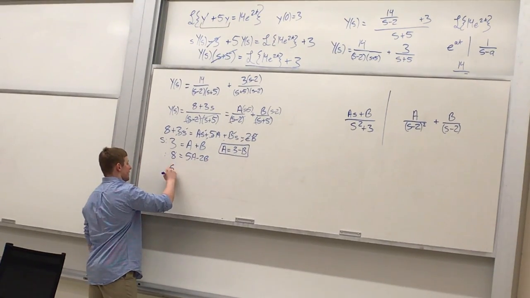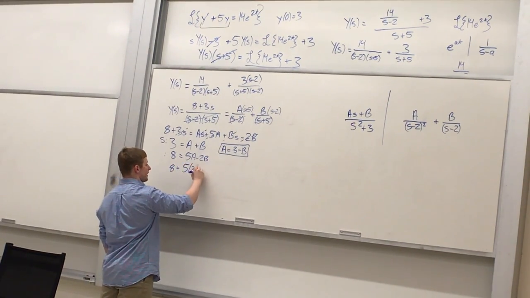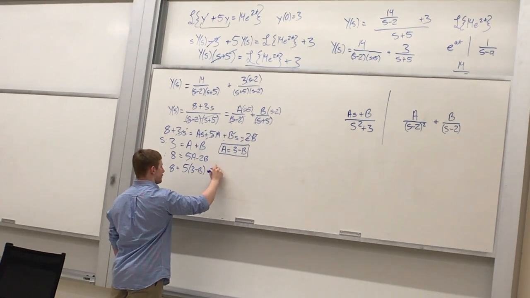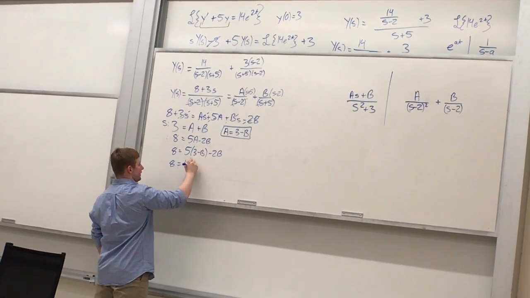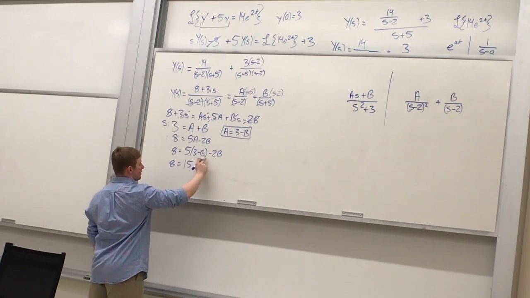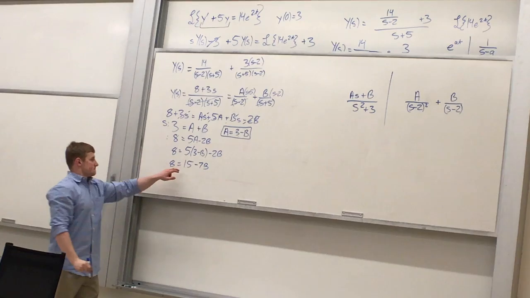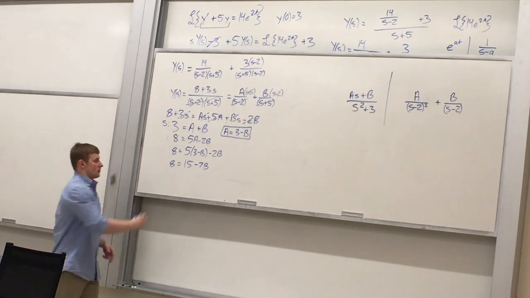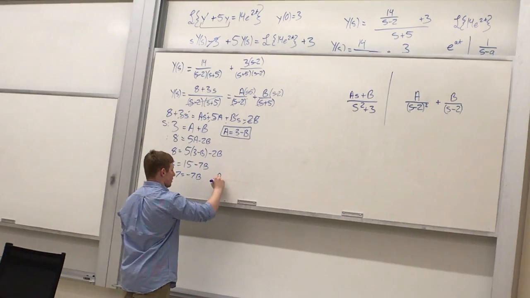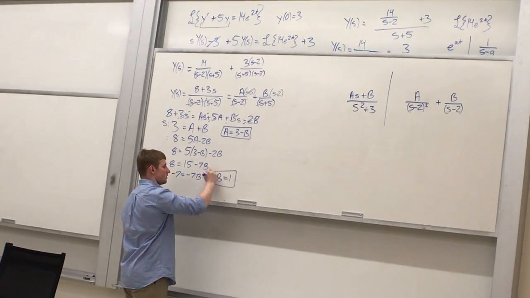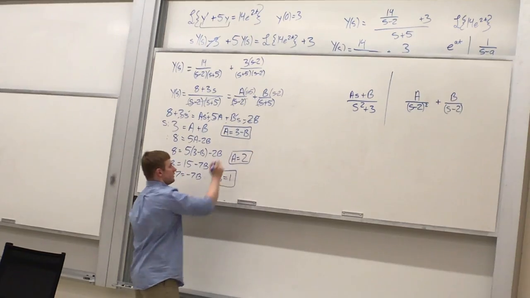I have 8 is equal to 5 times 3 minus b minus 2b. So I have 8 is equal to 15 minus 5b minus 2b, so it's going to be minus 7b. Subtract 15 over, it's going to be minus 7 is equal to negative 7b, or b is equal to 1. Take that, bring it up here. That means a is equal to 2.